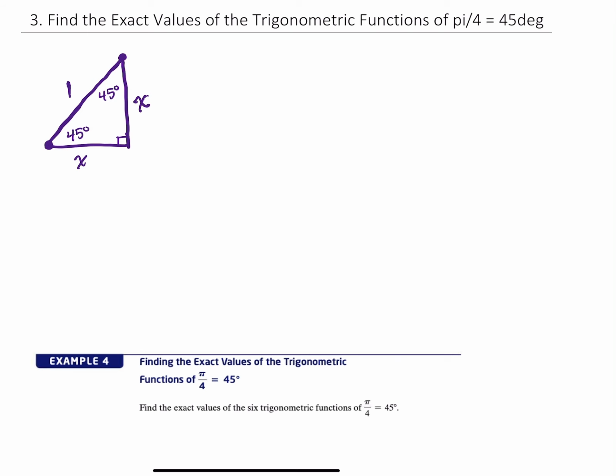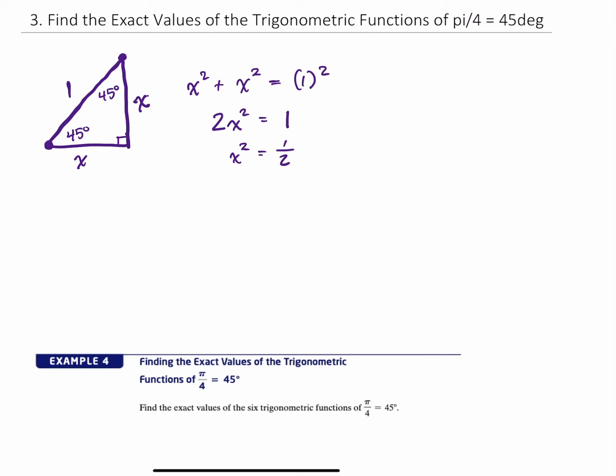Well, let's use the Pythagorean theorem to solve for x. We know that x squared plus x squared should equal 1 squared. A squared plus b squared equals c squared. So let's solve for x. X squared plus x squared will give us 2 of those, 2x squared. 1 squared is just 1. I'll divide 2 on both sides, so x squared equals 1/2.